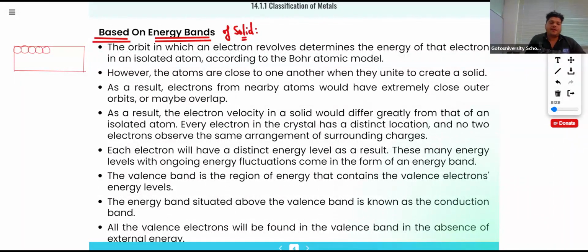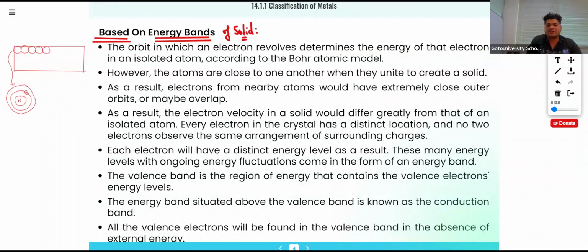Now we are just studying the first one. I am magnifying it. What you will see, we have already studied that in every element there will be a nucleus. Outside the nucleus there will be electrons revolving around the orbit. There will not be only one orbit, there will be more than one orbit.